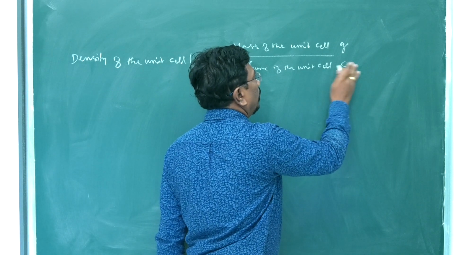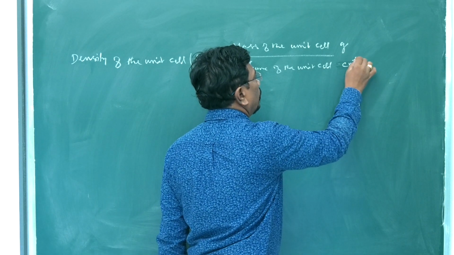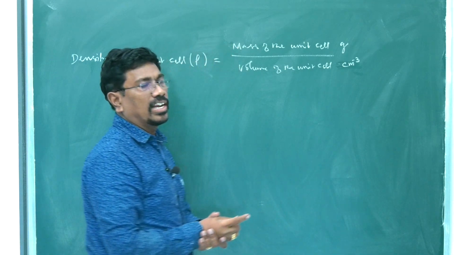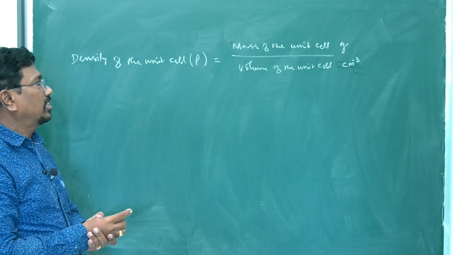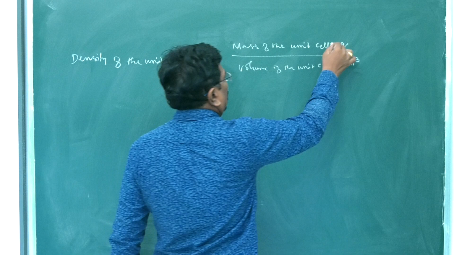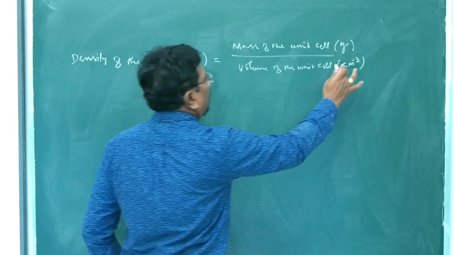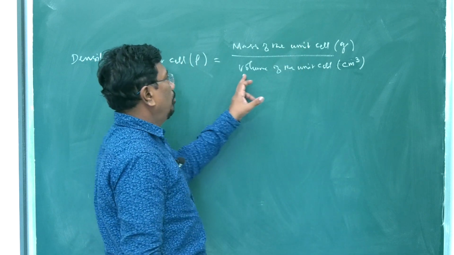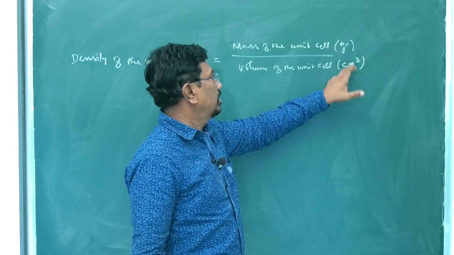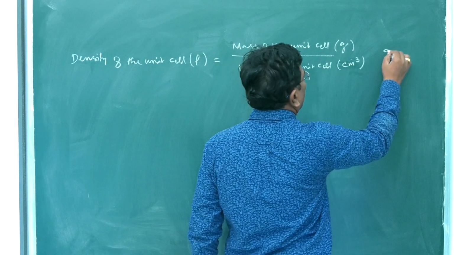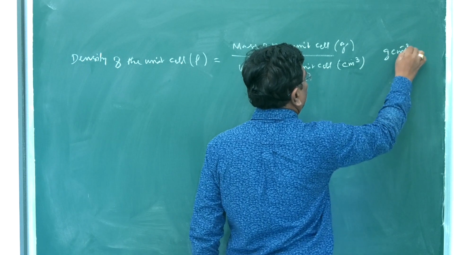Therefore the unit will be gram per centimeter cube. Nothing wrong in giving gram per meter cube, kilogram per meter cube, etc.